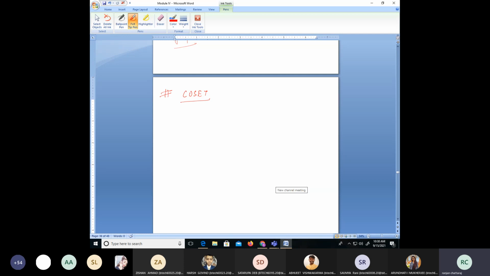Directly the coset has no direct applications, but we use it to prove many problems. You can treat it like a catalyst. When we are going to prove some theorems, we take the help of the coset. Now, what is the coset?